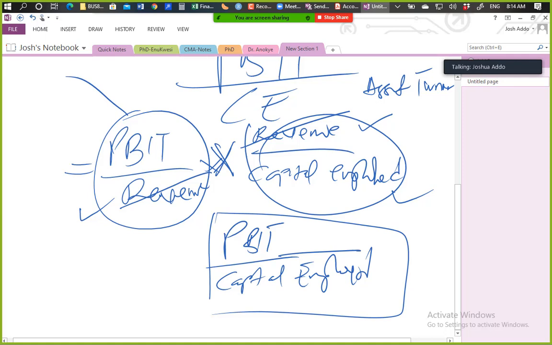So this is how ROCE can be sub-analyzed. ROCE can be analyzed as a product of operating profit margin and asset turnover.